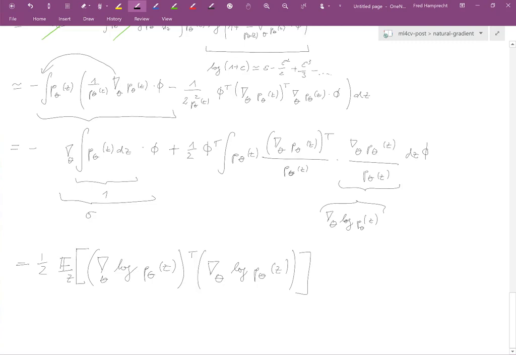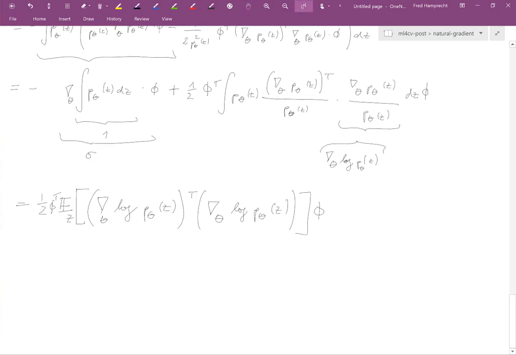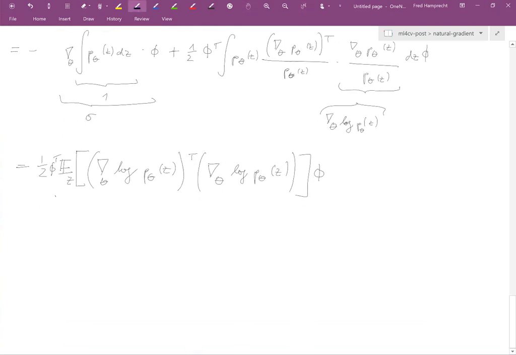And I've lost the phi's. Phi transpose here and phi there. Good, and this thing here is now called the Fisher information matrix, which emerges as a local approximation to the Kullback-Leibler divergence.